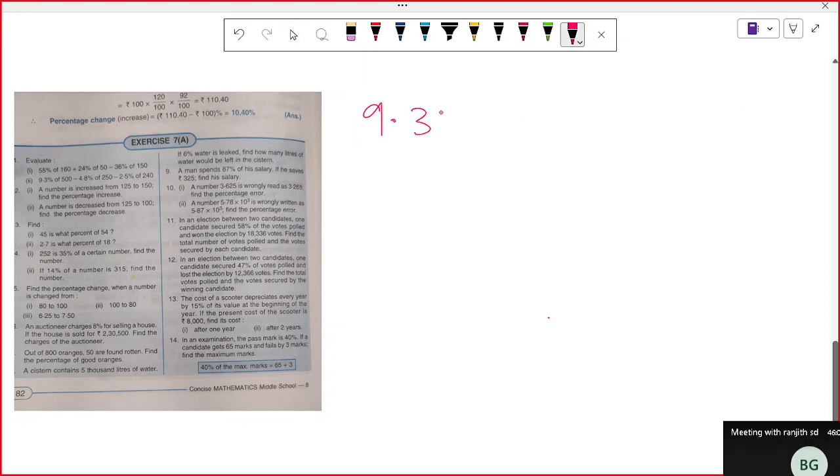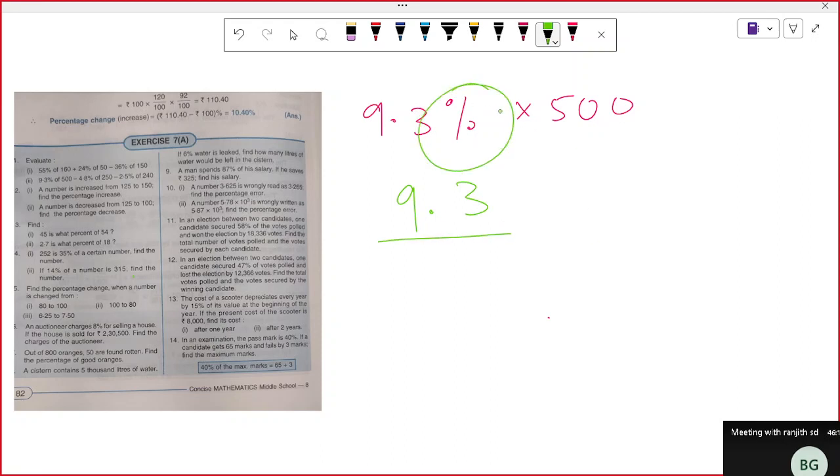First solve that. Look here, I'll give you one clue, students. 9.3 into 5. How do you solve this, Mariana? What is percentage out of? 100. Remember percentage, it looks like the percentage symbol.